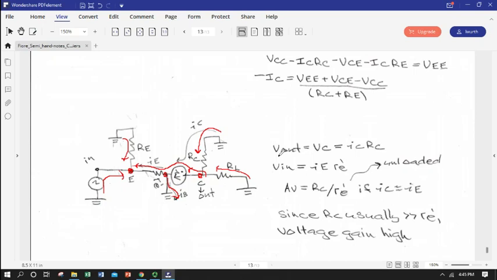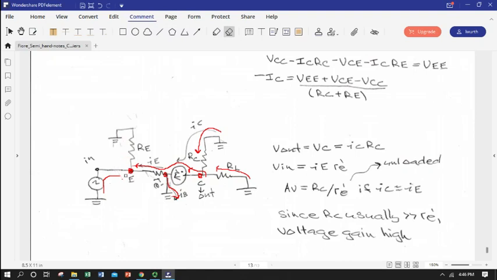So let's define output and input so we can define gain, and we'll get rid of some of these current arrows. The horizontal configuration really makes it easy to look at this and do our calculations without getting lost in the fact that we don't have an input signal coming in at the base like we're pretty much used to seeing.